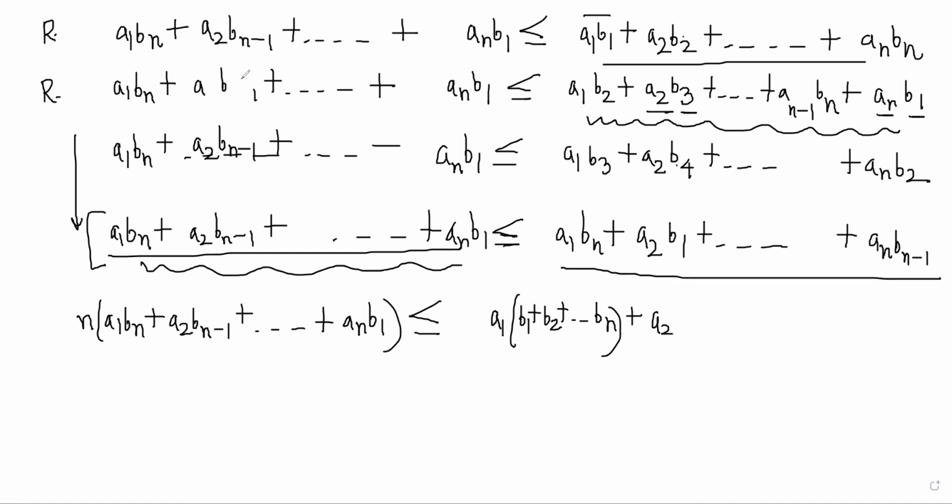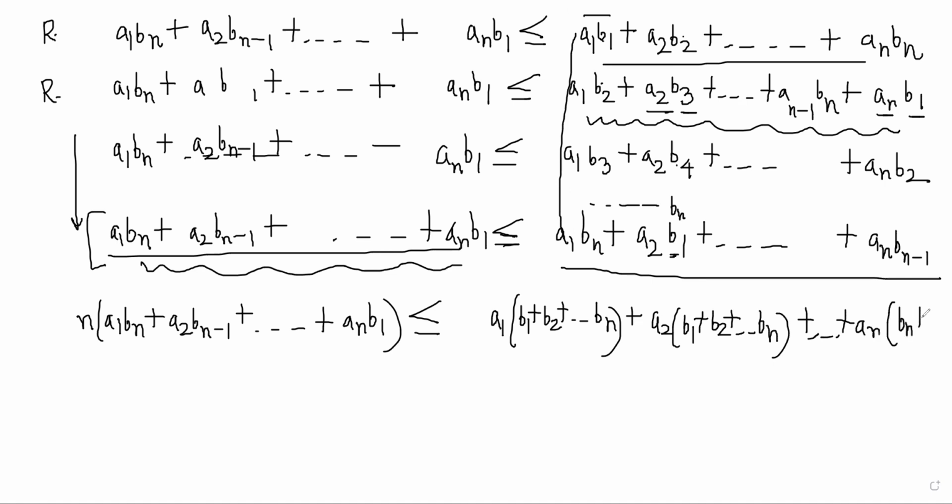Now you add all of these vertically and you will realize that here a1 common b1 plus b2 till bn, and here a2 common b1 plus b2, and bn would have come somewhere here in the previous row, right? So we are able to write it like this. And finally, an common, you start with bn plus b1 and so on, we reach till bn minus 1, right?